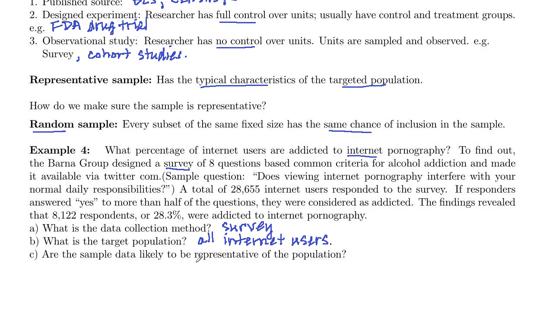Are the sample data likely to be representative of the population? Well, it's a survey. So probably not. The data was collected by a survey, so it's not going to be random. In fact, this is a topic where people might be reluctant to answer the question. So no, it's not random. And then people may not want to answer.